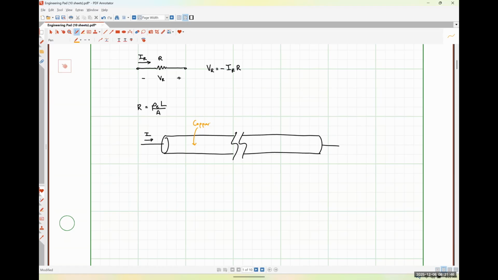Phone's being slow. Yep, totally wrong. It's 1.72 times 10 to the minus 8 ohm meters.